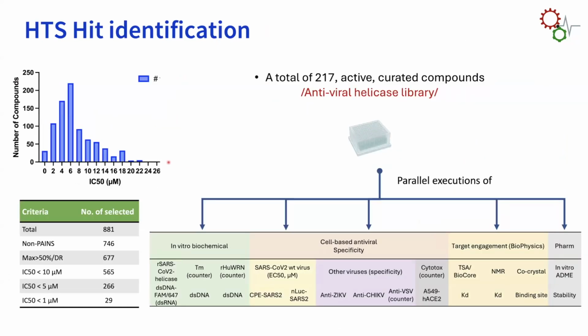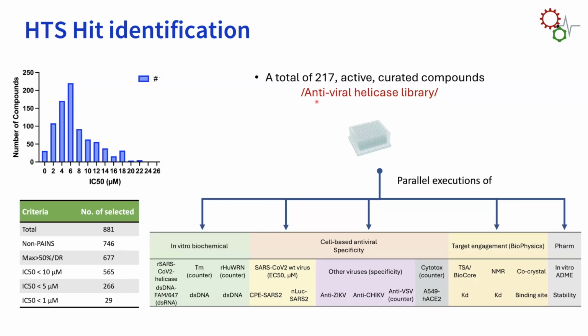If you count the number of hits based on the IC50, the median or mean IC50 is around 5 micromolar, and you can see some compounds better than 1 micromolar. If you get rid of the potential PAINS or promiscuous compounds, and do more diligence in terms of IC50, you can get down to around 270 compounds having an IC50 value less than 5 micromolar.